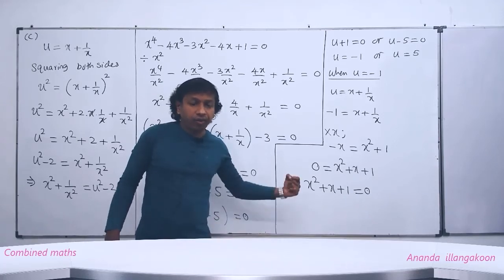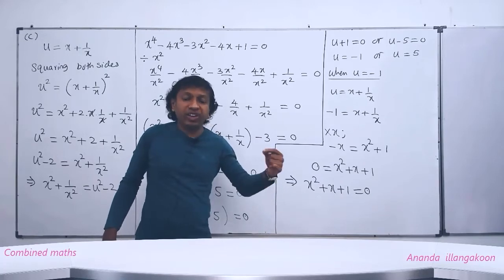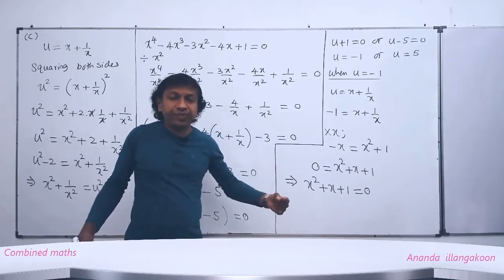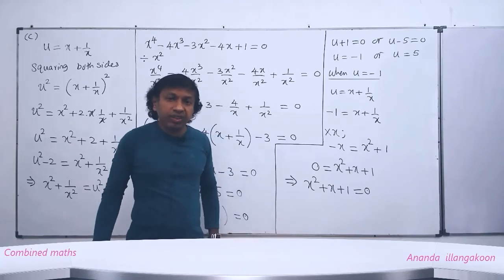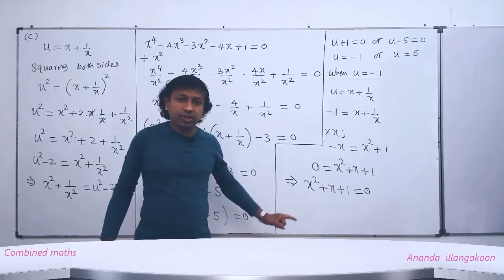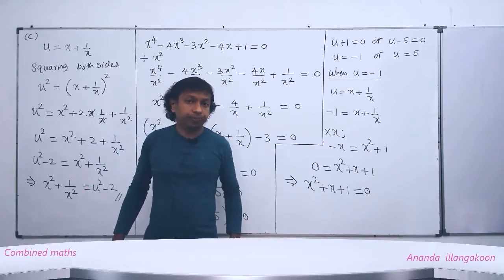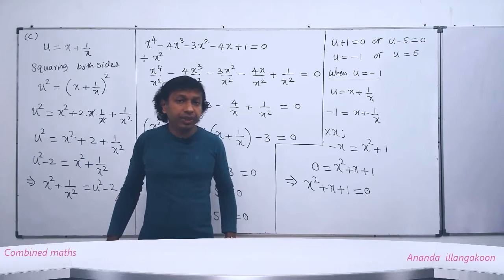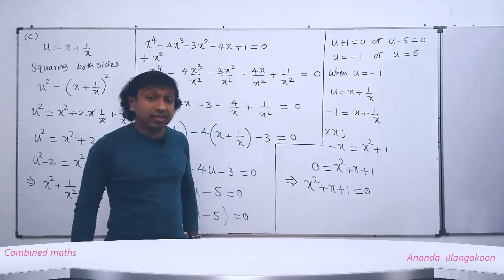While the quadratic equation has a negative value for its discriminant, if we try to find the roots, we can't find them. So the best thing is to check whether this quadratic equation has real roots. For this, we can check the sign of its discriminant.